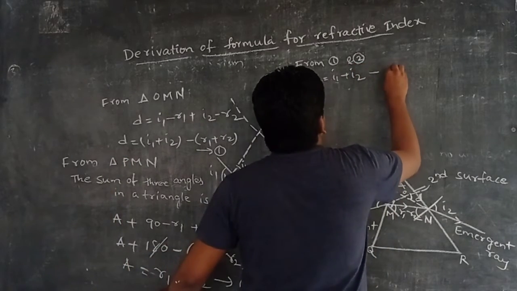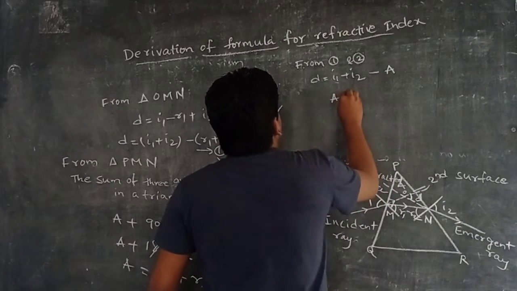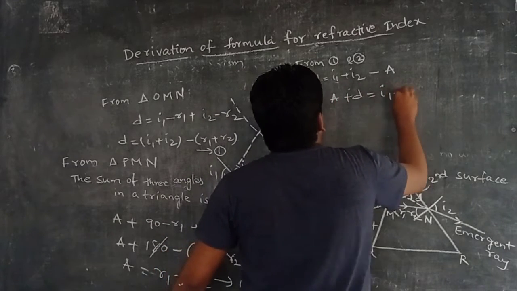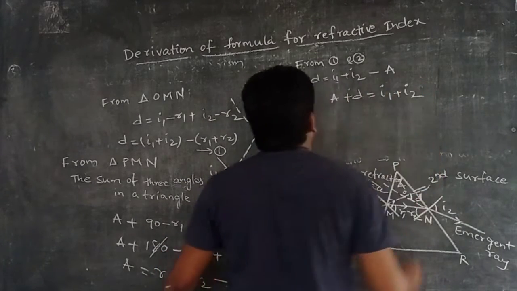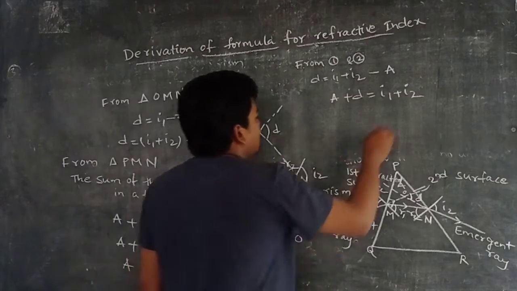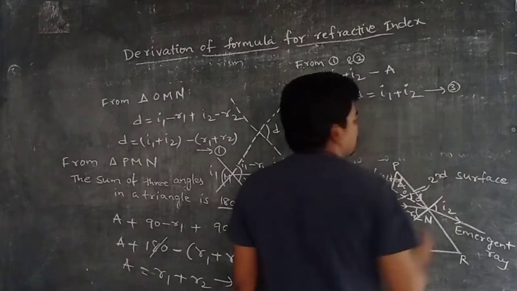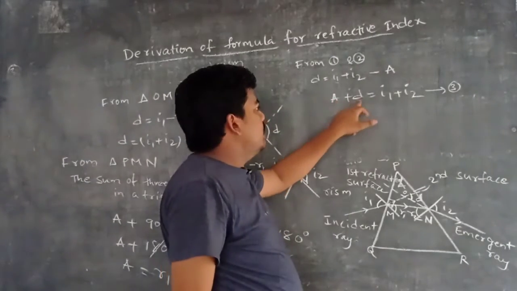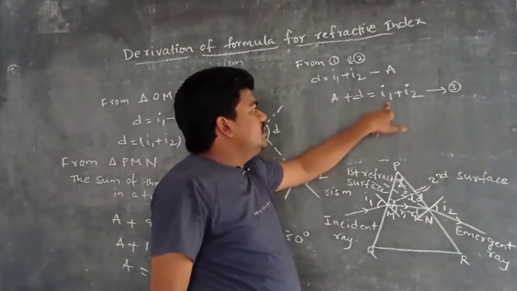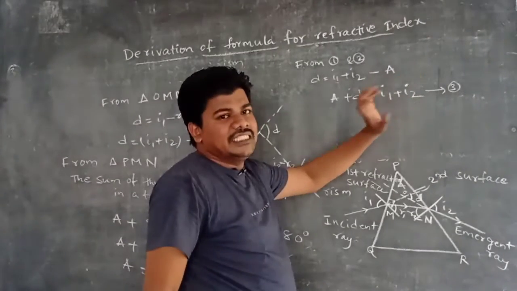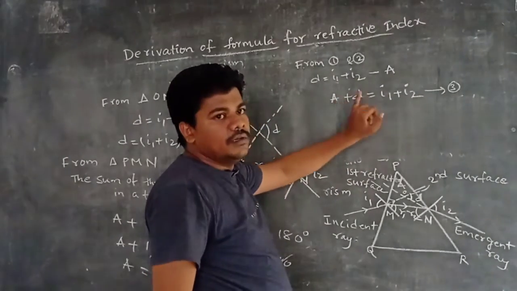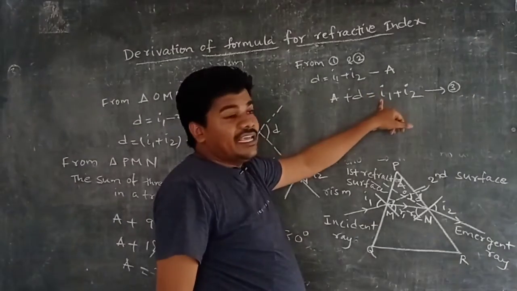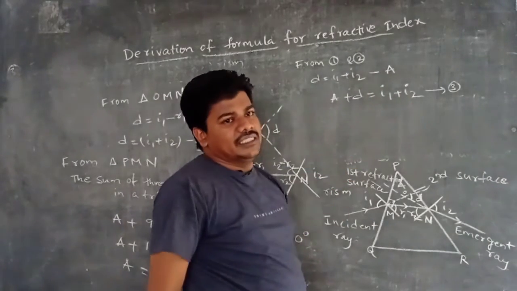In place of R1 plus R2, we write A. So A plus D is equal to I1 plus I2. This is equation number 3. This is the relation between angle of prism, angle of deviation, angle of incidence, and angle of emergence.